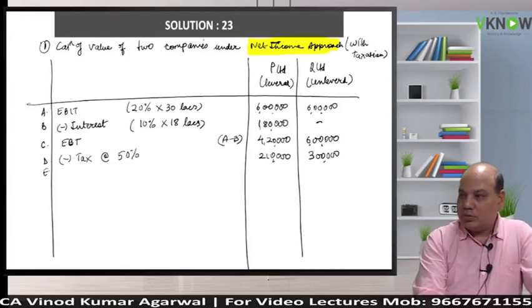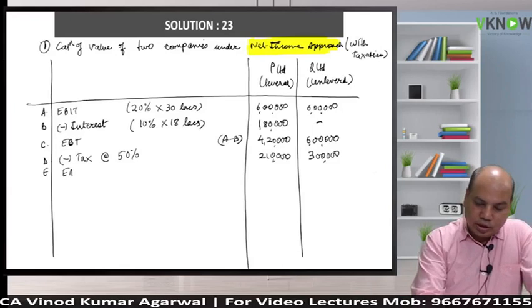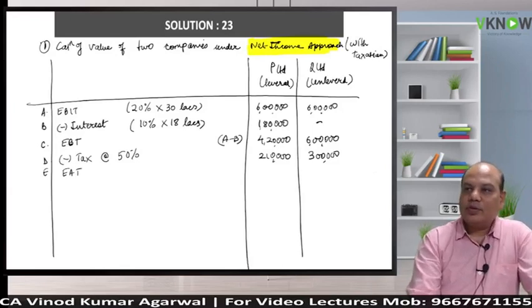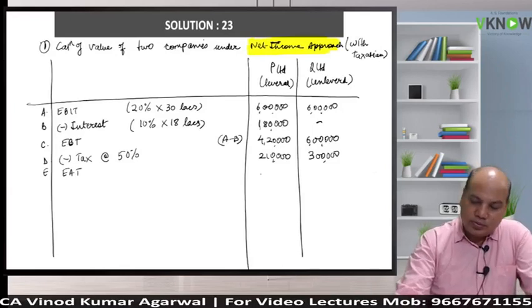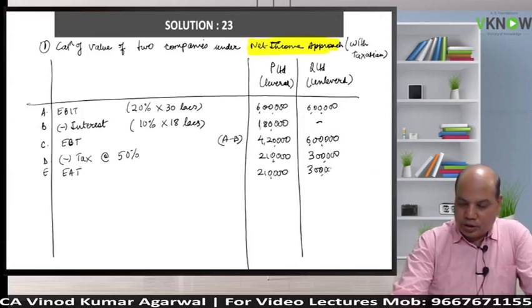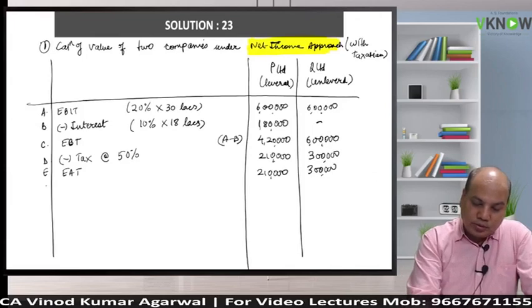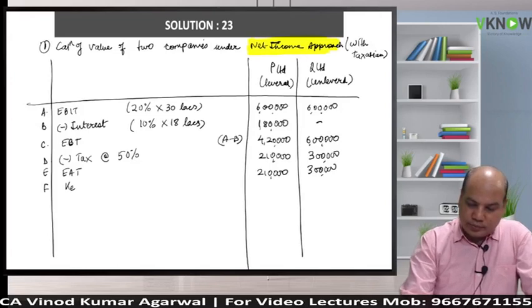Point E, write down earning after tax. How much? Same, 2,10,000, 3 lakh. So point number F will be cost of equity, 15%.